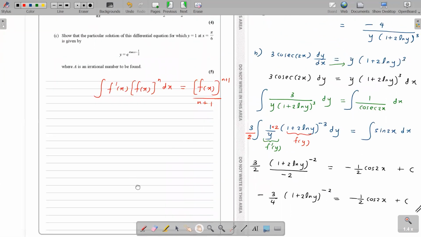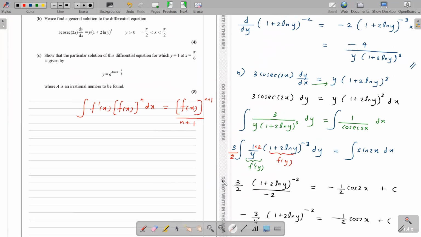Shall we move to the last part? Show that the particular solution, which means one particular answer, of this differential equation for which y equals 1 when x equals pi over 6 is given by this answer.